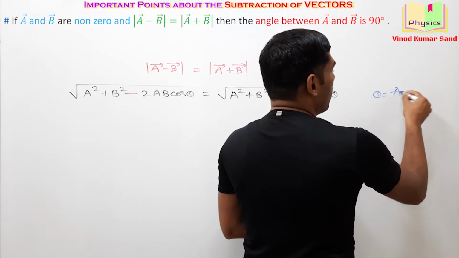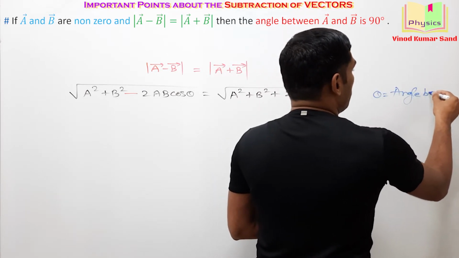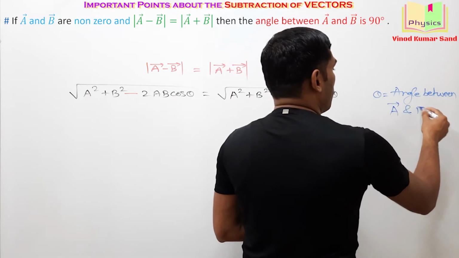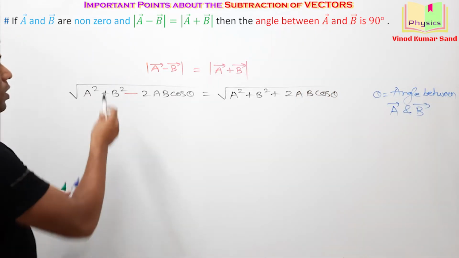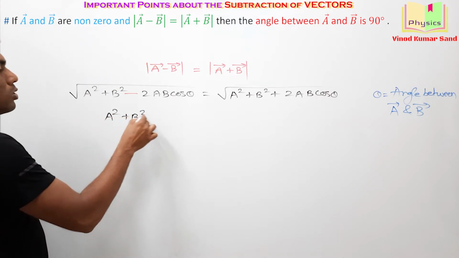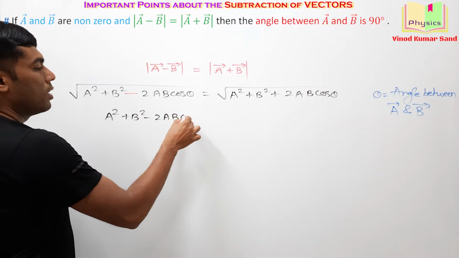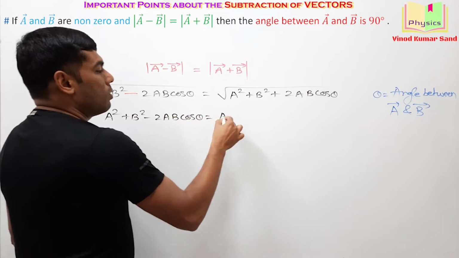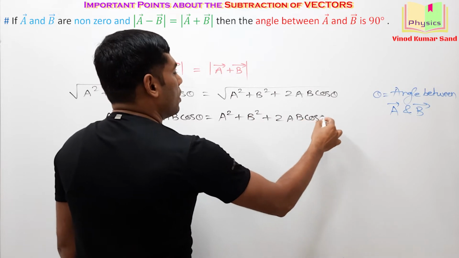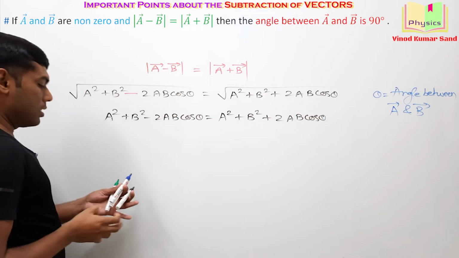Theta is the angle between A vector and B vector. Now simplifying this, you can write this as A square plus B square minus 2AB cos theta is equal to A square plus B square plus 2AB cos theta by squaring both sides.